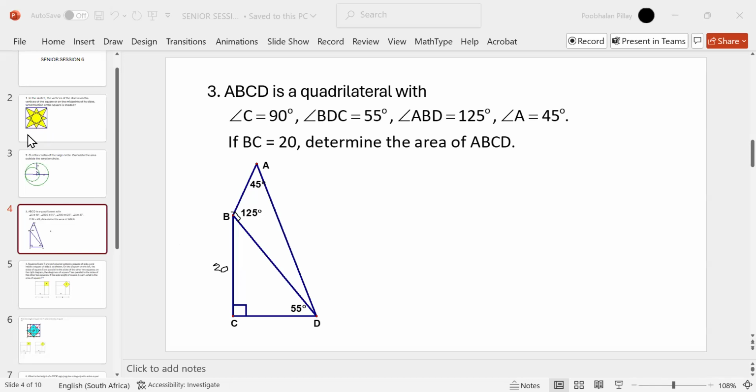Which means that if I extend this line, this angle here is 125.